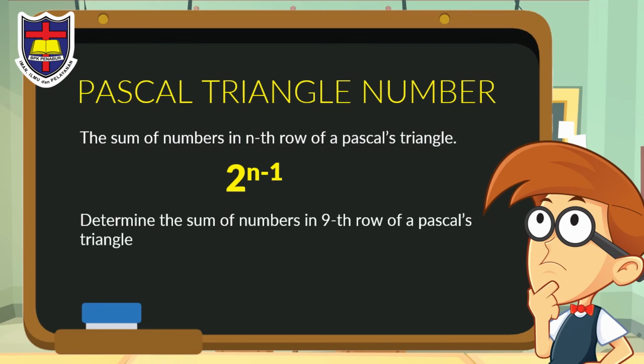Now the example, determine the sum of numbers in the ninth row of a Pascal's triangle. So we can use the formula here, 2 to the power of n minus 1. The value of n is 9, so 2 to the power of 9 minus 1. 9 minus 1 equals 8, so 2 to the power of 8 equals 256.